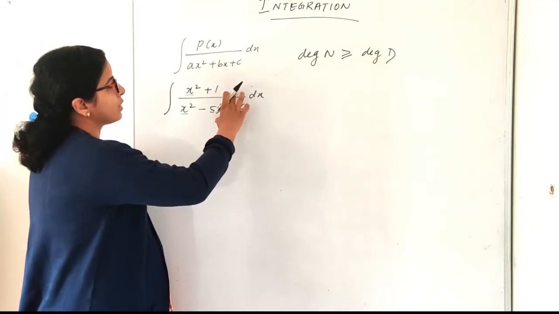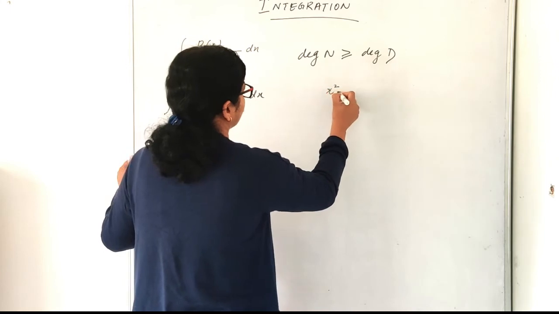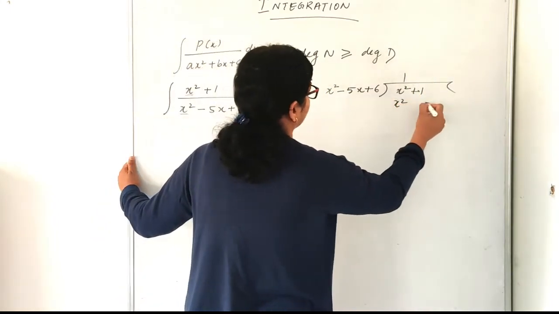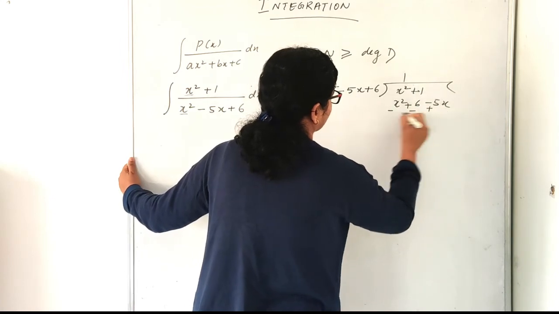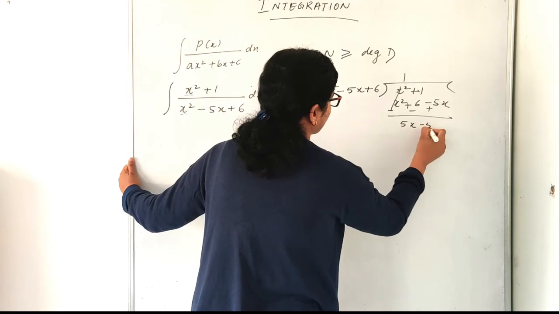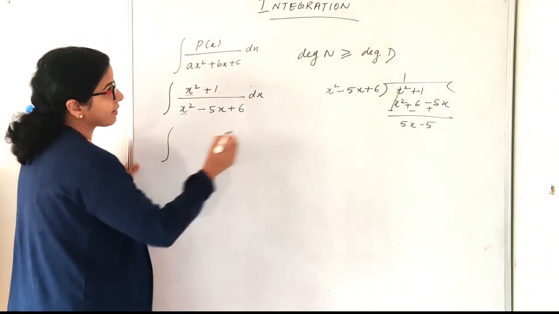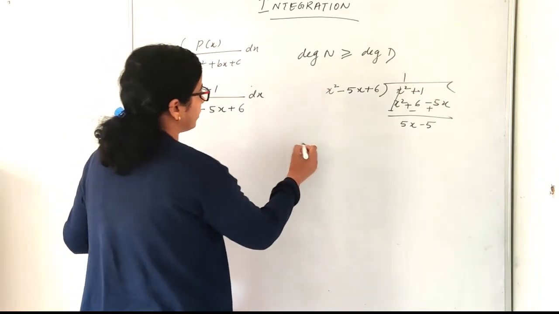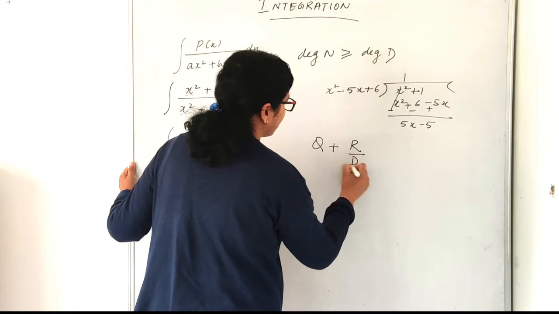So in this case we are going to divide. Look here, we will use the long division method. So 1, and we are left here with 5x minus 5, right? Let us write it over here. I can write this in the form of q plus r by d.